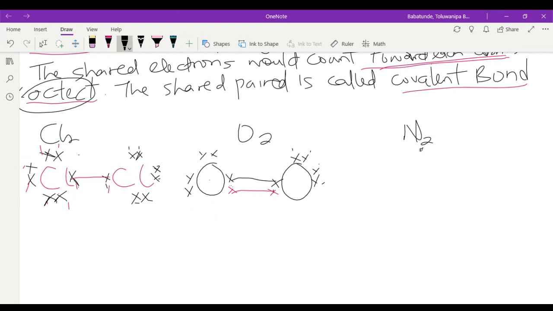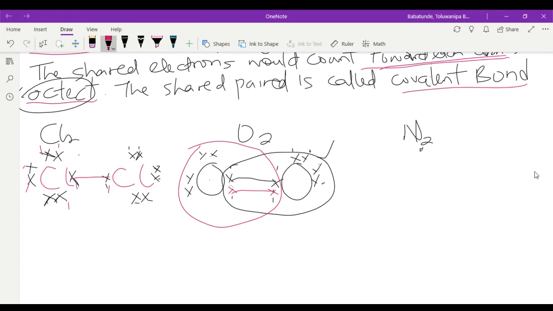When we count, this is 1, 2, 3, 4, 5, 6, 7, 8. So this oxygen has all these 8, so it's complete. And these 4 electrons here are also shared by the second oxygen. So everybody is okay right now. We are not going to make any more bond. So we have that.